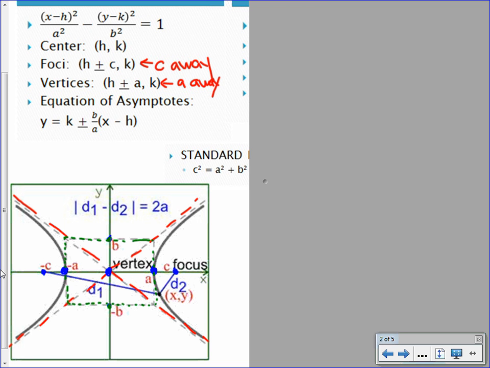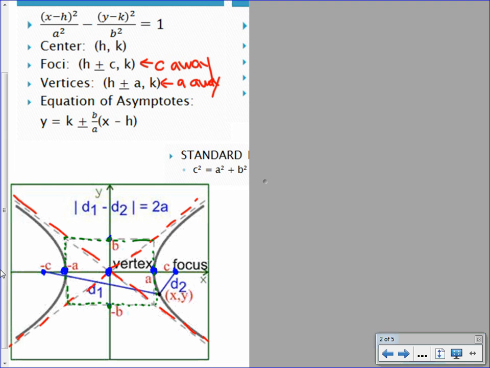What do you notice about our asymptotes in that rectangle? They're the diagonals. So if we can draw this box here, then we can draw our asymptotes through the diagonals. And that's how we're going to write those equations instead of trying to think about this formula up here.